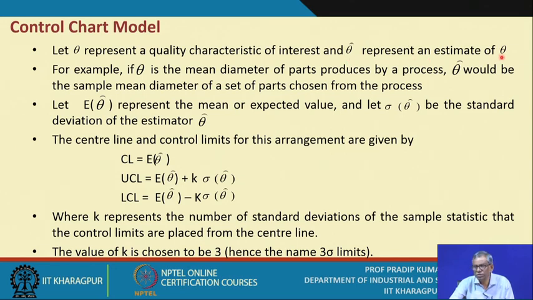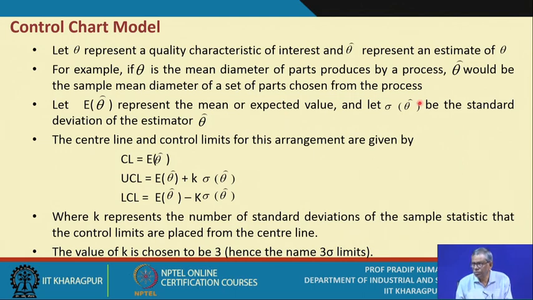That means you have to collect data and measure the quality characteristic. For example, if theta is the mean diameter of parts produced by a process, theta hat would be the sample mean diameter of a set of parts chosen from the process. Obviously, the true mean is never known. That means the population mean may not be known.